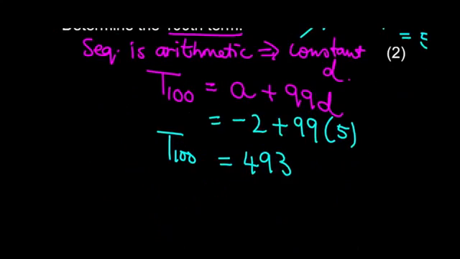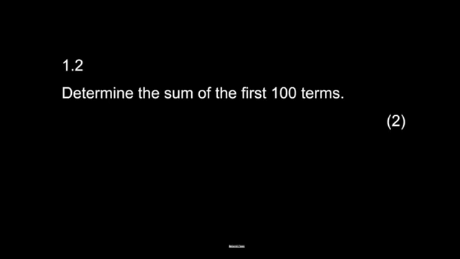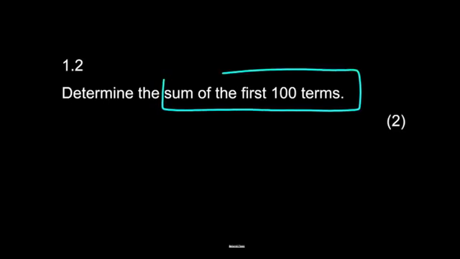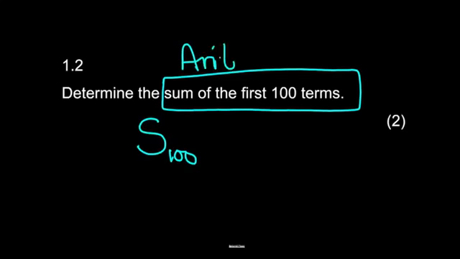Okay, so next up is what is the sum of the first 100 terms. Now, in this case, there is a formula for the sum of 100 terms. It's an arithmetic sequence. Remember there are 3 types of sequences you work with.